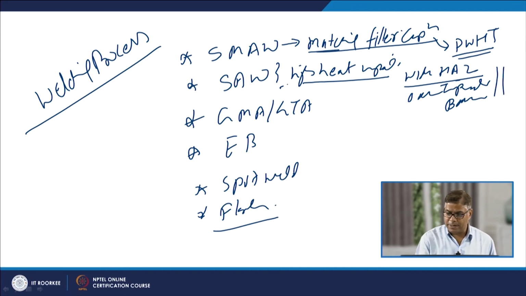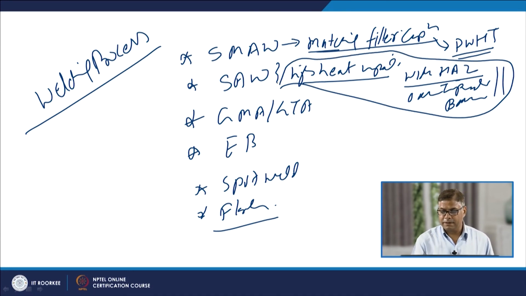In order to restore the properties and deal with the issues related to the high heat input, sometimes it is required to do a complete quenching and tempering heat treatment of the weldments.